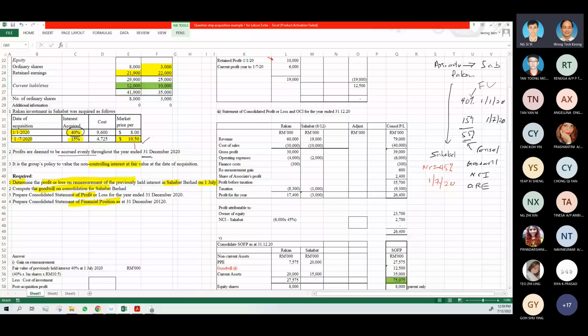Okay. So this one you do equity accounting. You share the profit. So that's why I keep on emphasizing you must know the previous study: how to do equity accounting for associate, how to do consol for normal goodwill, NCI, group retained earnings. And you say NCI using fair value method, so this is the full goodwill method.